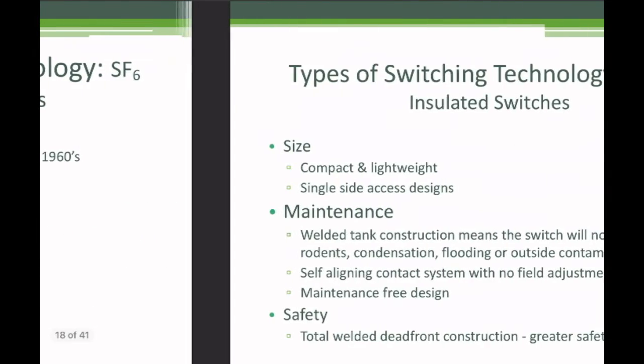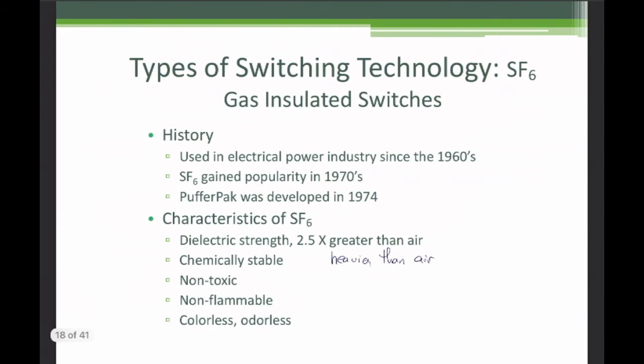This is a good news story and a bad news story. Consider it's heavier than air. So if you're in a vault with SF6 switchgear at the bottom, you've got your manhole access, you've got a piece of switchgear in here, some cables coming in and out, and you're tasked to go back down in there.